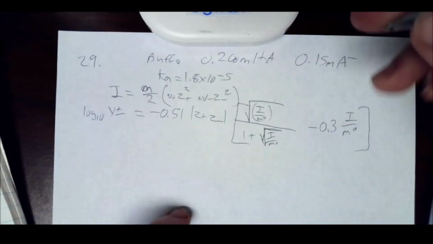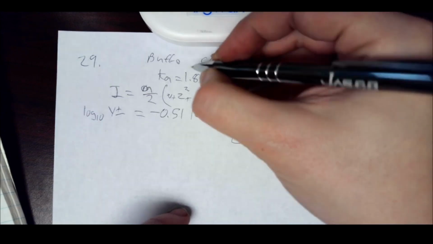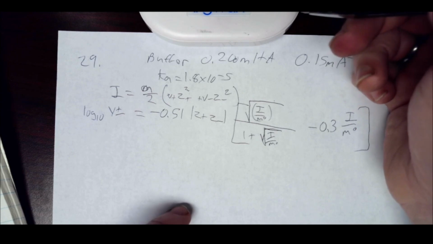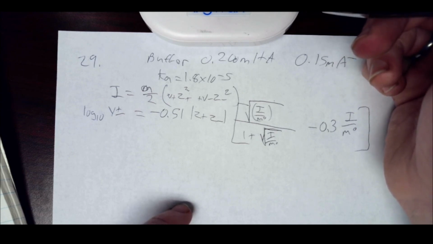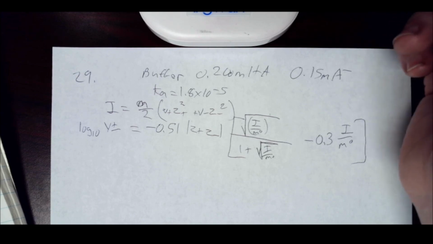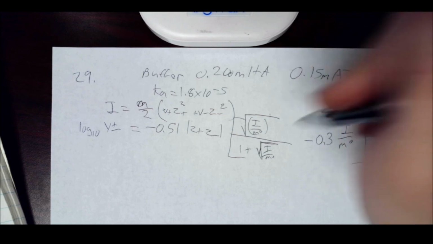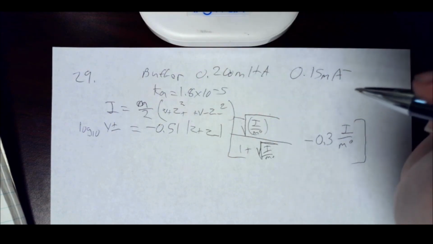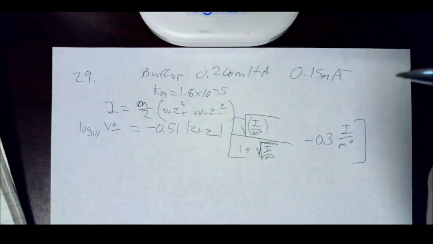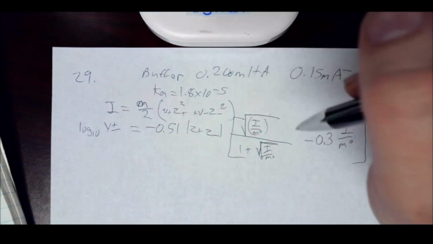For this last one, we're to calculate the pH of a buffer that's 0.2 molal in HA and 0.15 molal in the A minus, and use Davies' equation to calculate the activity coefficient. The basic idea is that we need I.